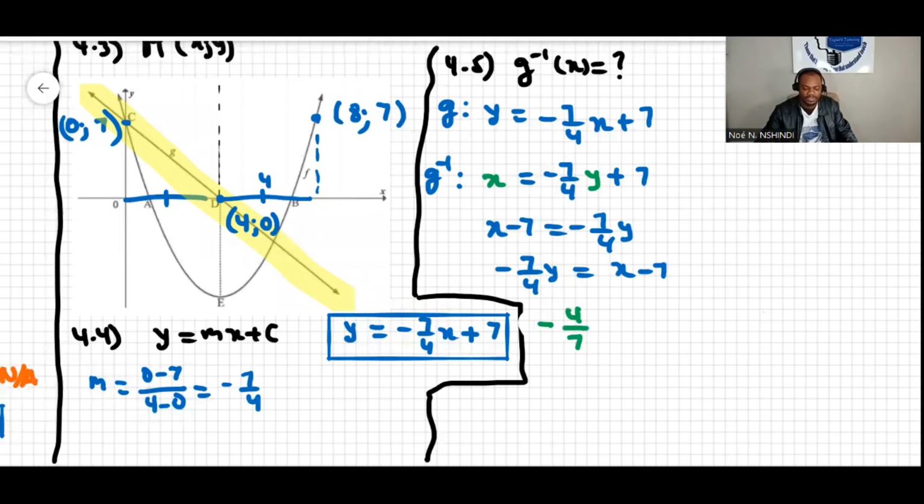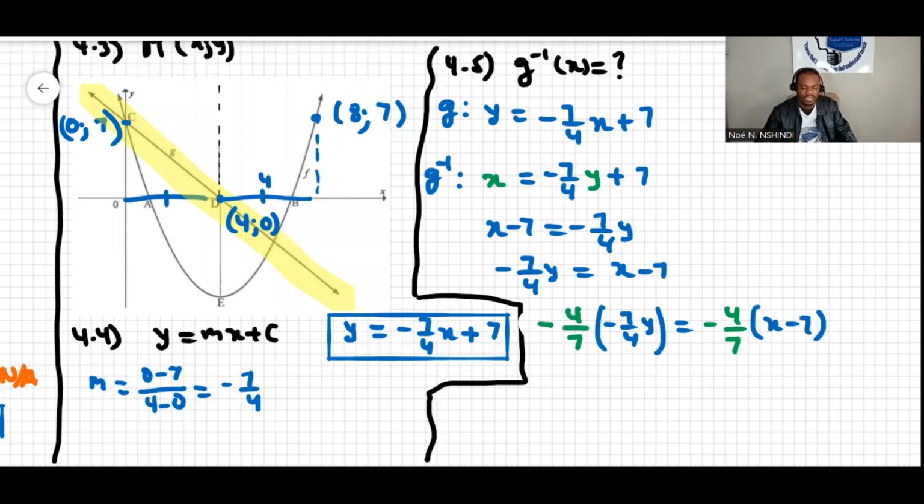So we have negative 7 over 4 y equal to x minus 7, and it also gets multiplied by negative 4 over 7. Whatever we do on the left, we do on the right.